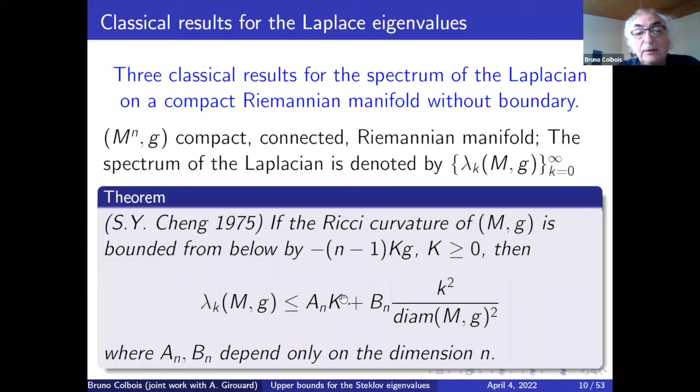However, it's not difficult to see that if the curvature is not positive, you need to have a term like this. That is, it's easy to construct. You just take a surface with a long and thin handle, and the diameter is large, but we have not necessarily a small eigenvalue.